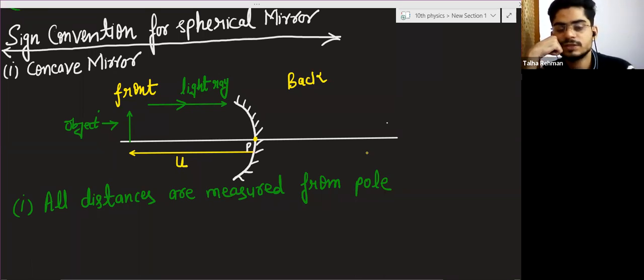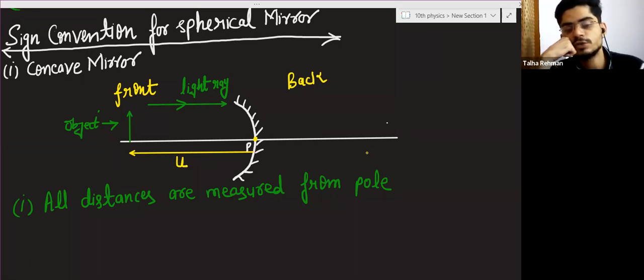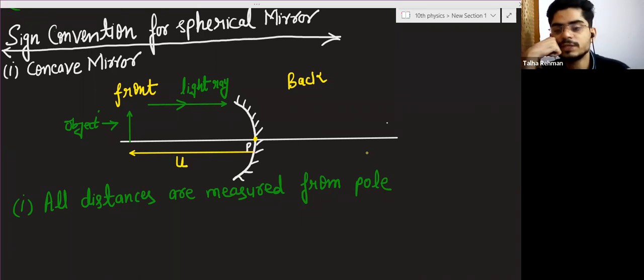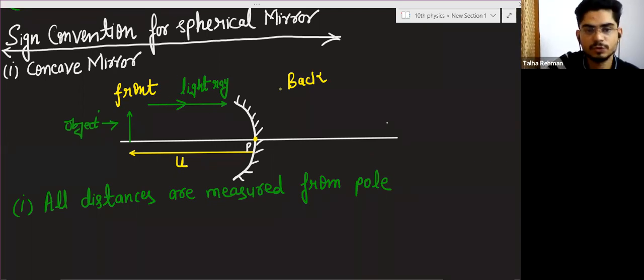Small u is known as the distance of the object from the mirror. If we measure the distance in this direction while light is going in the opposite direction, then this object distance should be negative.